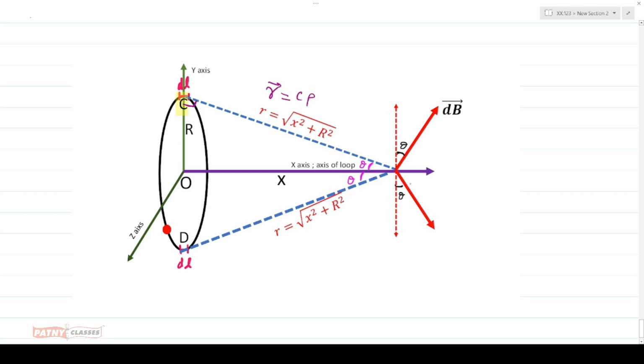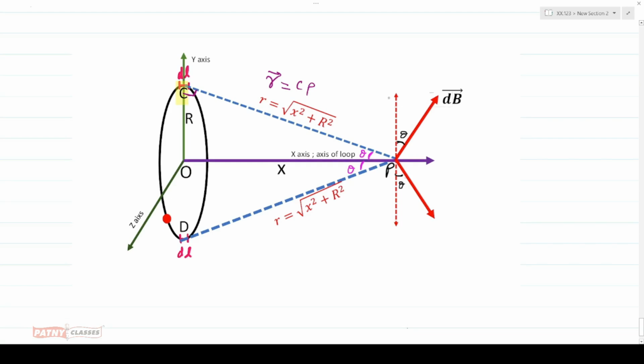Now we must find the components of dB. dB has two components, one is the horizontal component, another is the vertical component. So resolving dB into horizontal and vertical components. dB is the final direction of magnetic field produced by the current element dl.